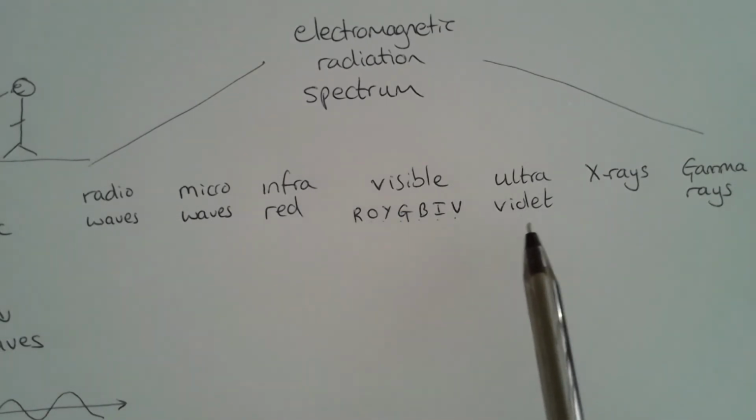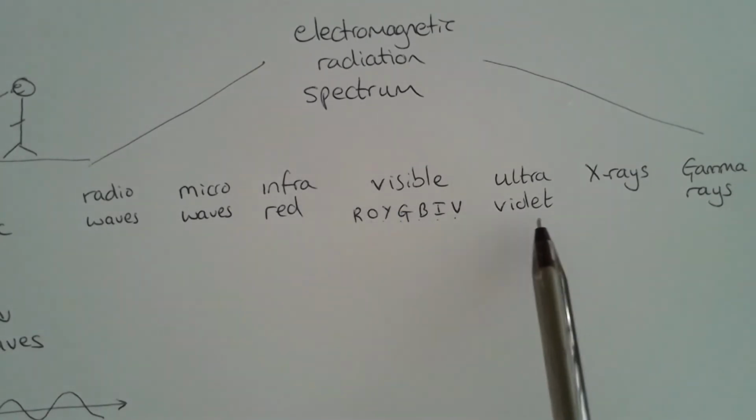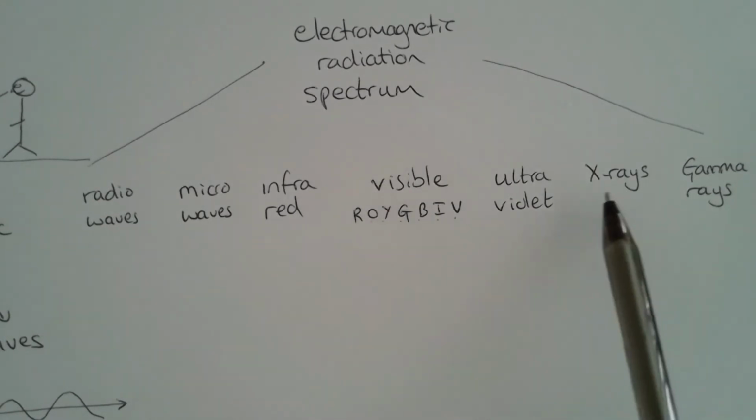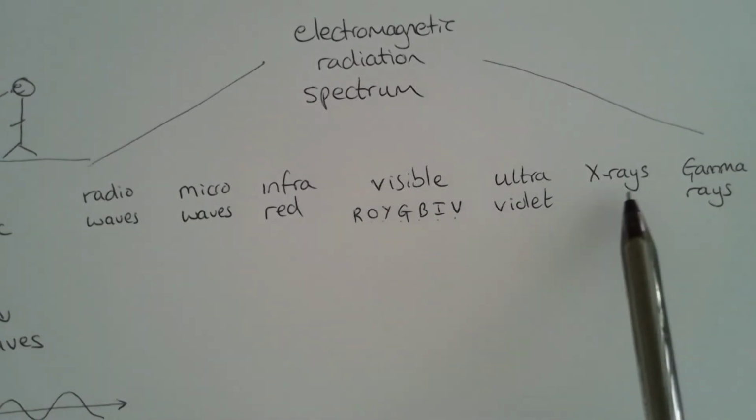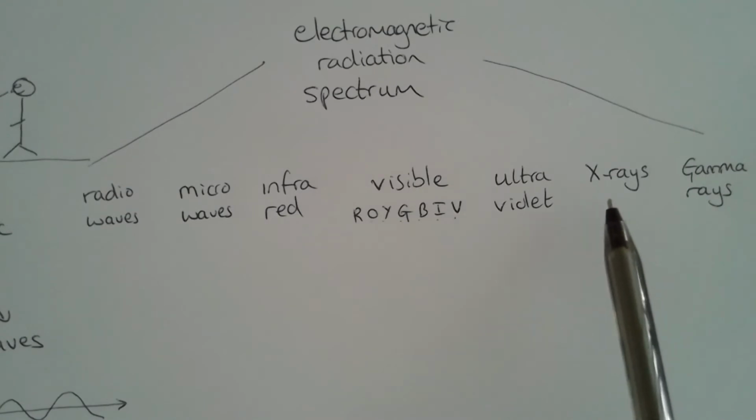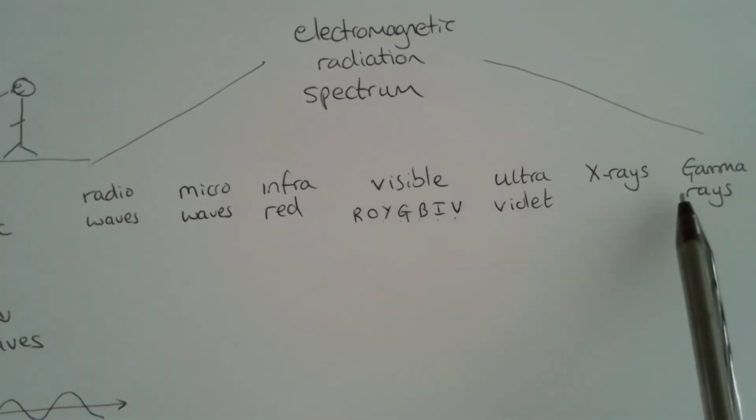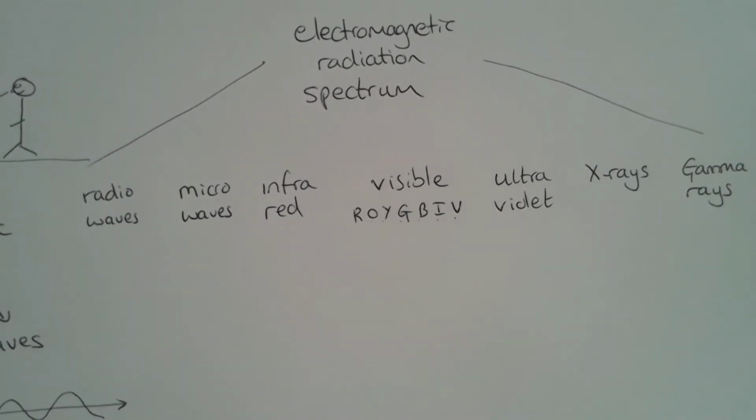Ultraviolet is what causes us to have a suntan. X-rays are used in medicine in order for us to be able to see bones, and gamma rays are used in treating people with very aggressive cancers in radiotherapy. And we're going to see in the future about all of these uses. You might want to make a note of some of them now.